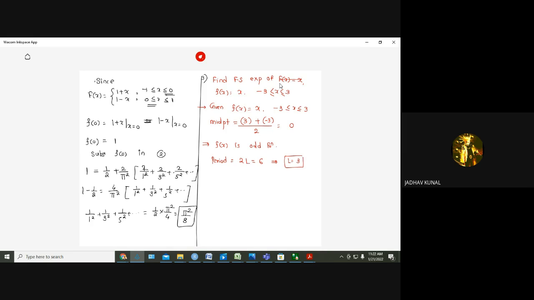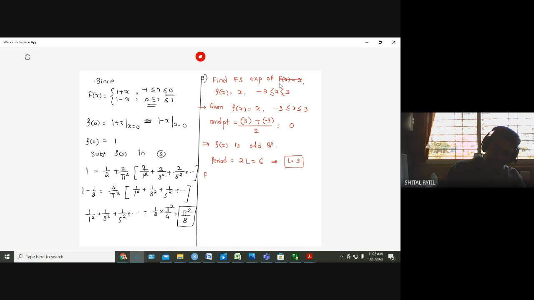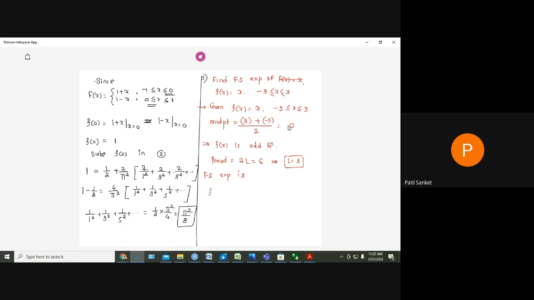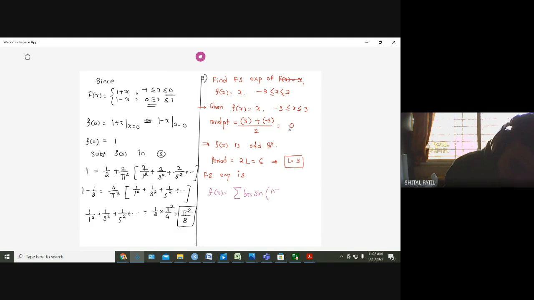Then what is the Fourier series expansion of an odd function? Only bn sine, bn sin of n pi x divided by l. L is known to us. L is 3.